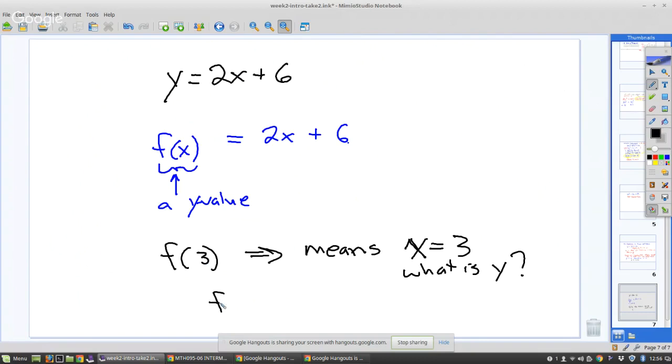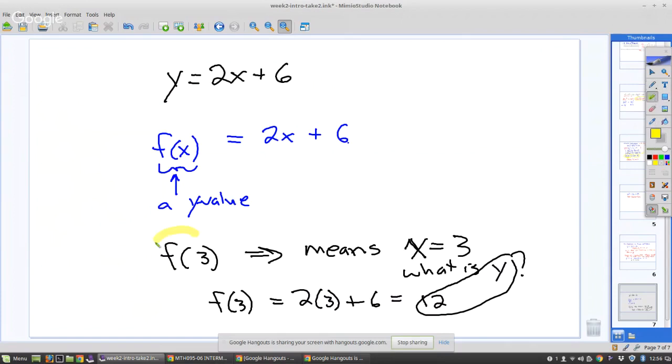So then I would do the calculation. f of 3 would be 2 times 3 plus 6. 2 times 3 is 6, plus 6 would be 12. So that means y is 12 in this case. So this right here translates as this right here. So it's a shorthand.